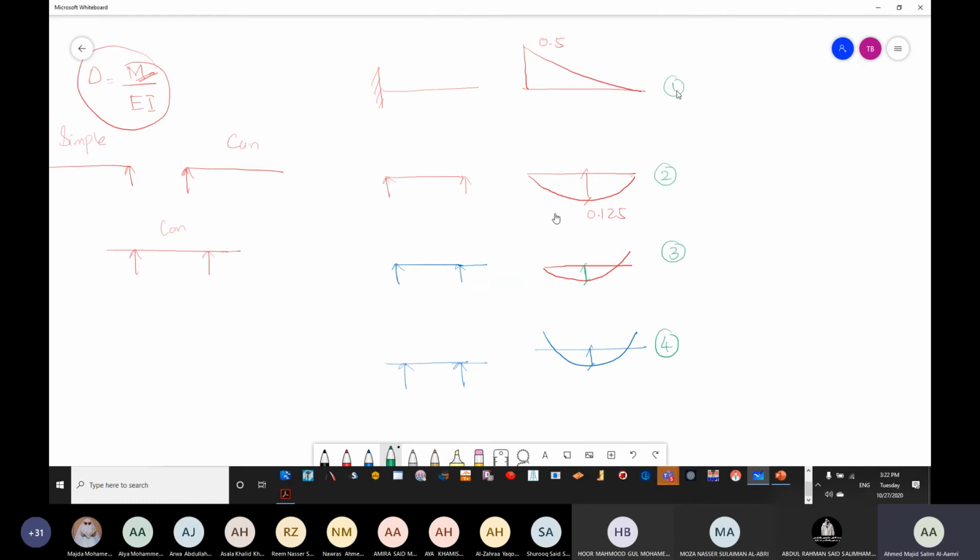What about 3 and 4? Which one is higher? 3. Okay. So now I can say the highest coefficient is going to be for a cantilever. After that for a simple, after that for a continuous one side, after that for a continuous two sides. Do you agree with me?